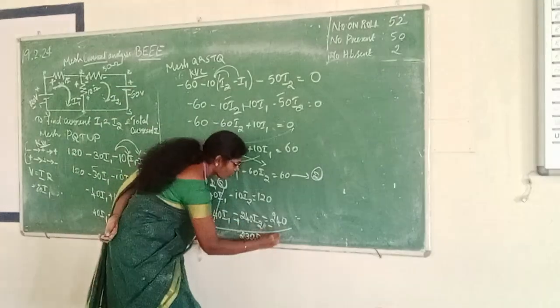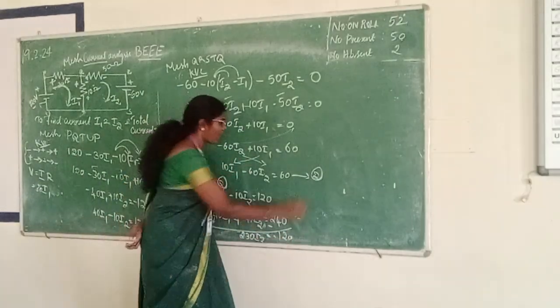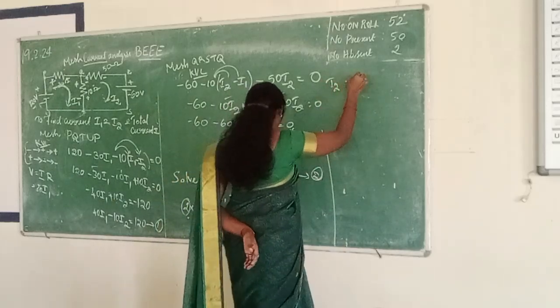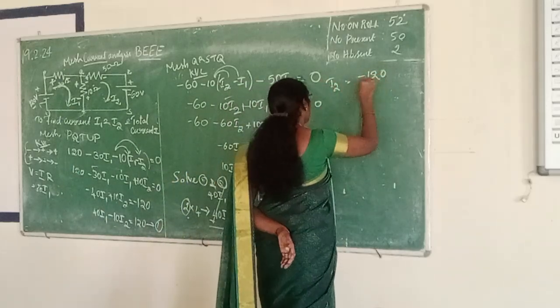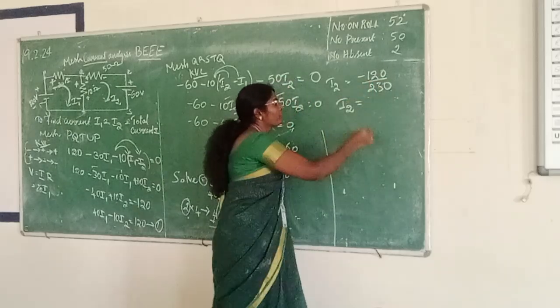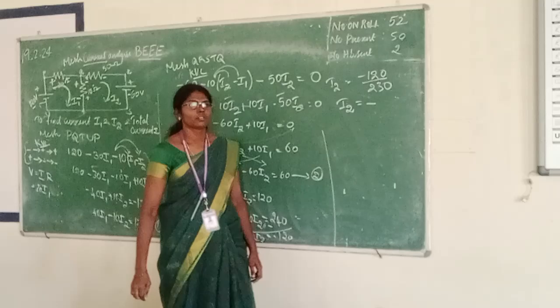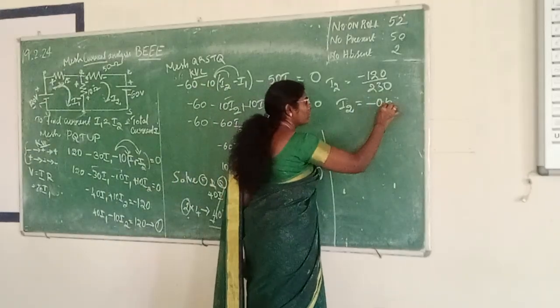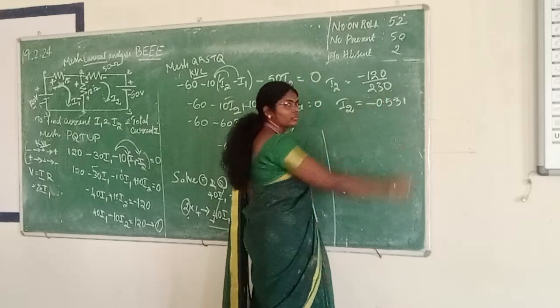Sorry, minus 120. Apply and tell me the answer. What is the value for I2 then? I2 is equal to minus 120 divided by 230. What is it? The answer will be minus 0.521.